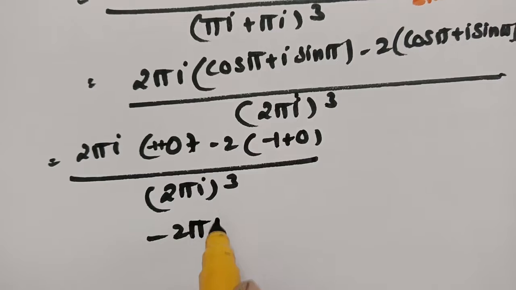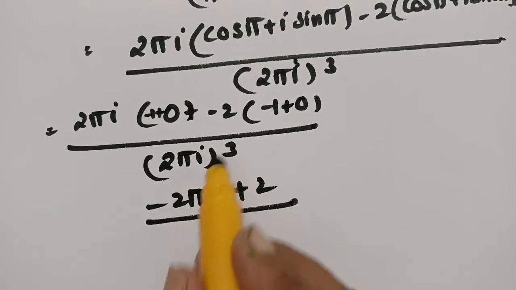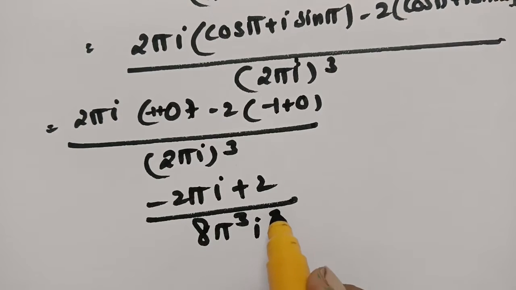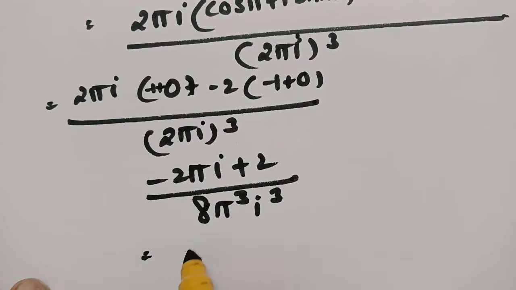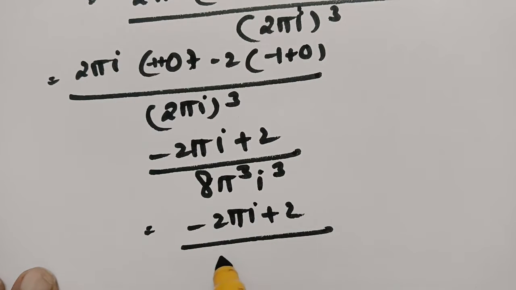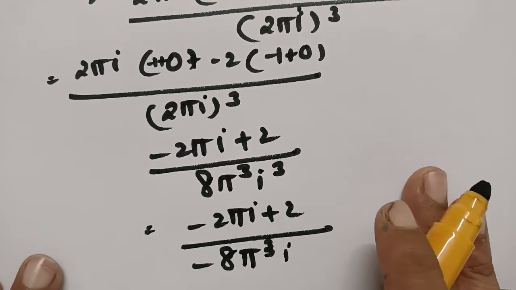This is minus 2 pi i plus 2 by, down 2 cube is 8. This is pi cube and this is i cube. So here this is minus 2 pi i plus 2 by 8 pi cube, and i square value is minus 1, so this is minus.